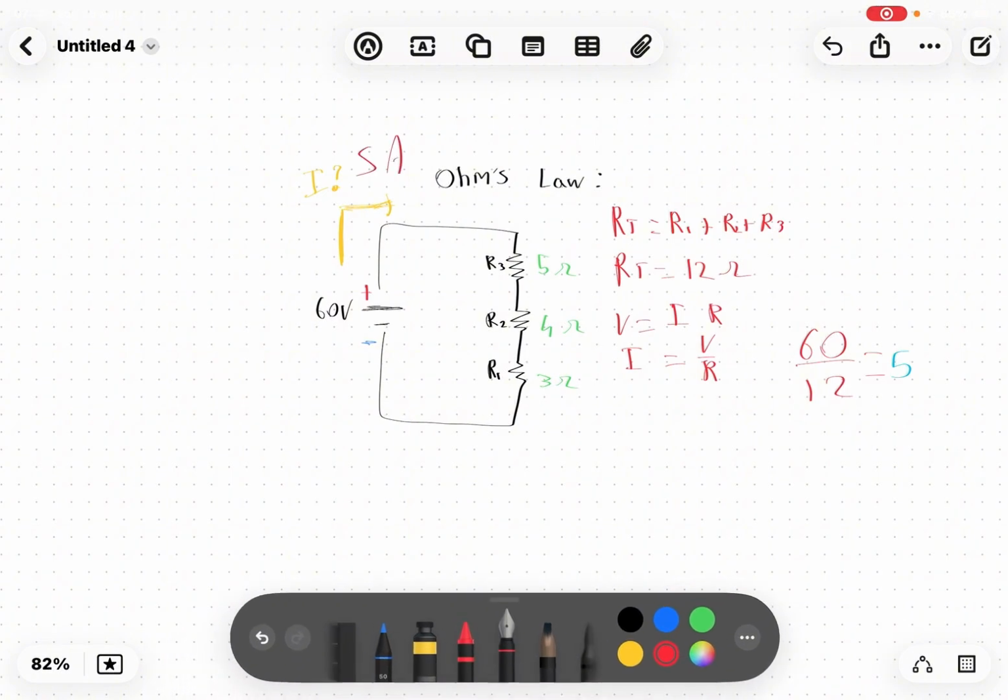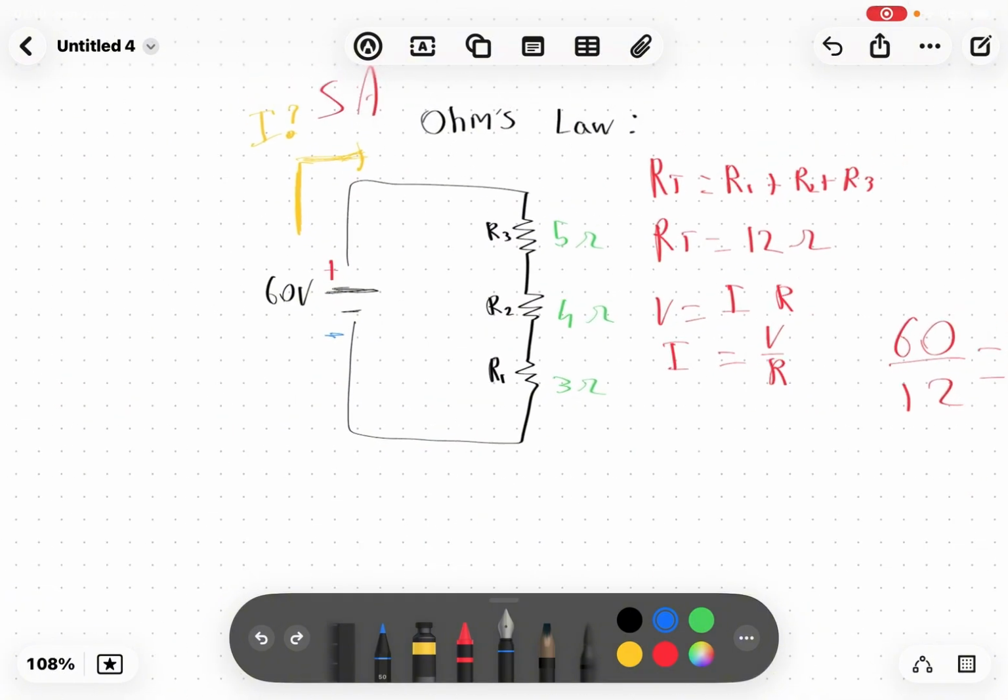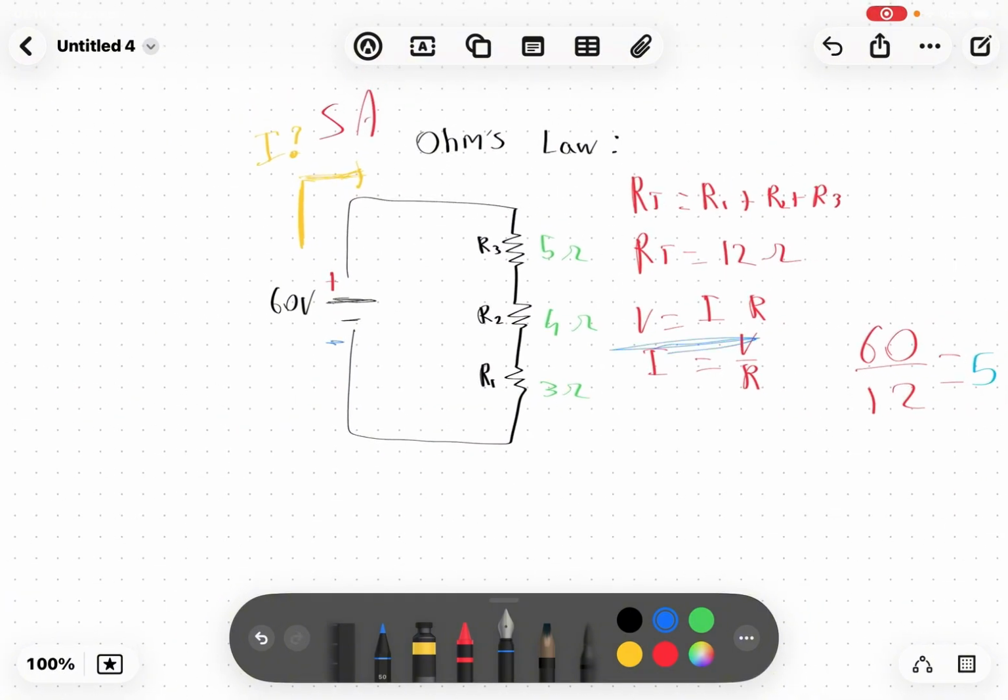Now that we have the current, we're able to find the voltage drop in each resistor. It's the same law, V equals I times R, but we can't just put the numbers in anywhere. Because this is in series, the current is the same, because it's in a straight line. If it were parallel it would be different, but we're going to talk about that in a different video.